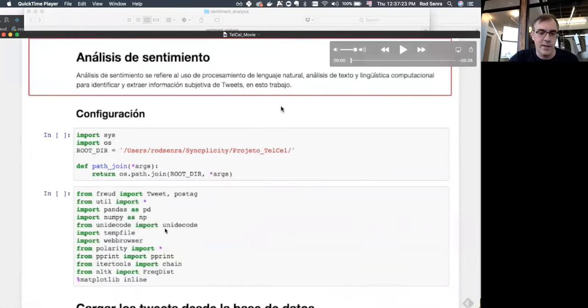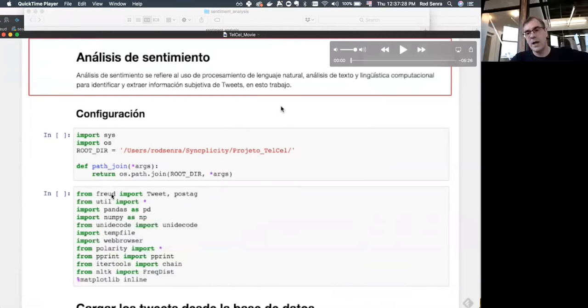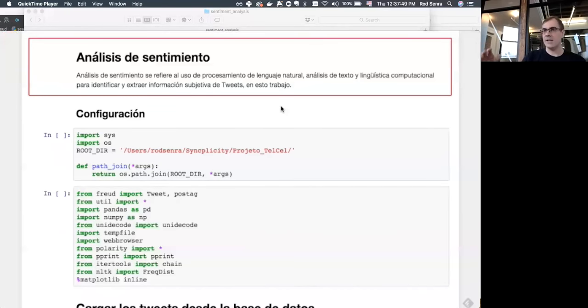let me move this up here so it doesn't get away. So this Freud module here, I created from scratch. I don't think we're going to have time to deep dive into this, but later if you're interested, I can go into it. It's basically one class to encapsulate what the tweet is all about, and to perform something that we call part of speech tagging, which is basically breaking down a sentence and identifying each piece of the sentence, like what is the subject, what is the predicate, where are the verbs, articles, prepositions, things like that.